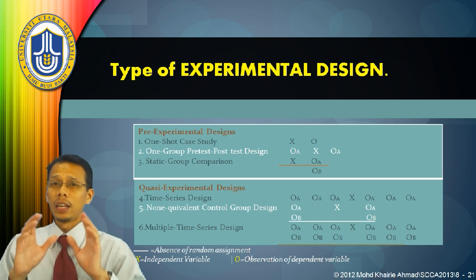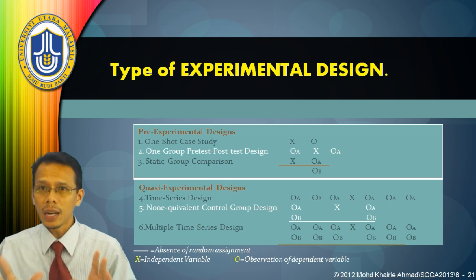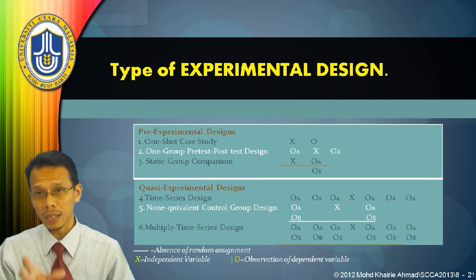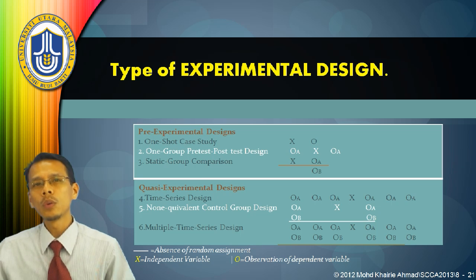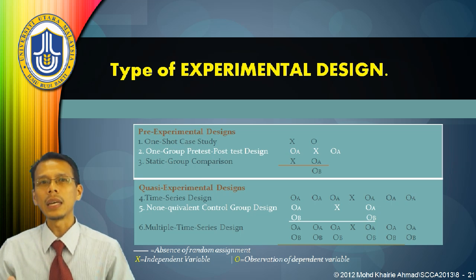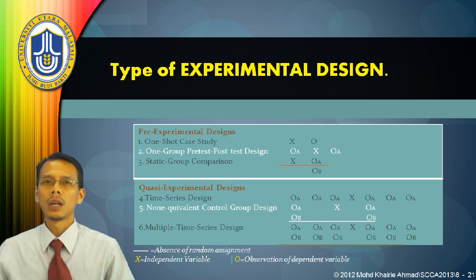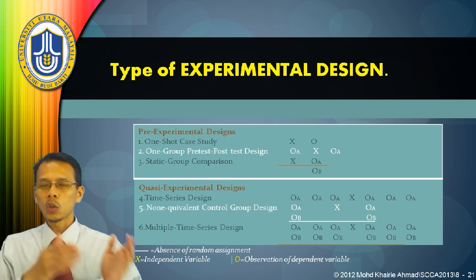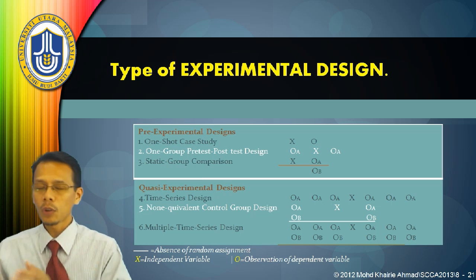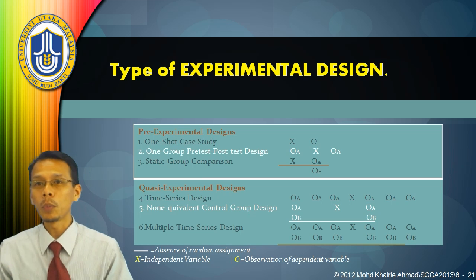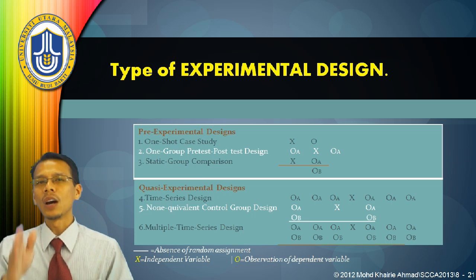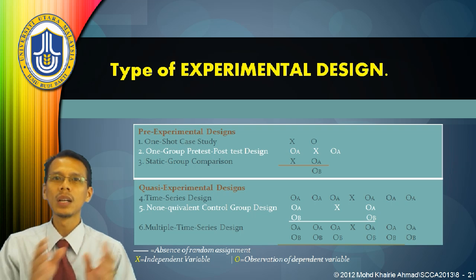If you look at the slide that I'm showing now, time series means that we will assess or evaluate the group that we are studying at a few points in time. Maybe today we assess them, tomorrow we assess them again, and the following day we assess them again, and then only we impose the independent variable. After that, we do the same thing a few times to assess them. This is what we call time series design.